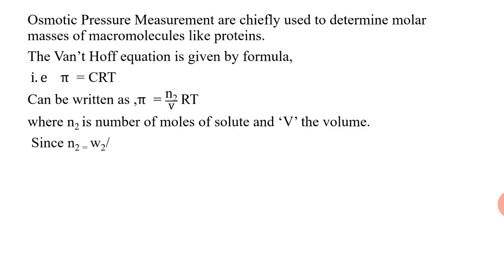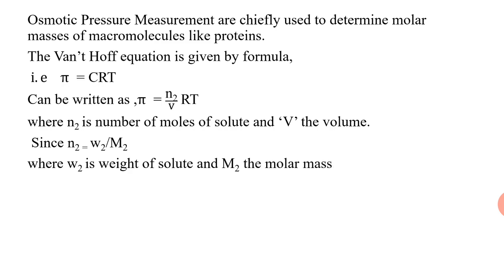Since N2 is equal to W2 upon M2, where W2 is the weight of solute and M2 is the molar mass of solute, it follows that V pi is equal to RT into N2.